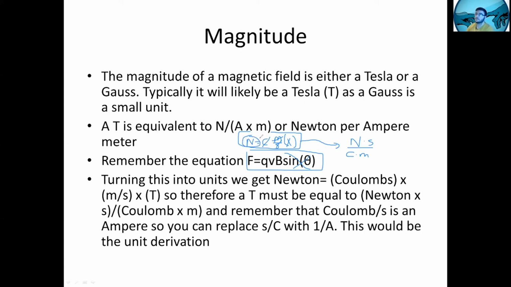And the reason I'm telling you all of this is it doesn't really have to do with magnetic field, really. But this can be useful on the MCAT, because they may give you unit questions. For example, they may give you something like this, and then they'll ask you which of these answer choices is equivalent to this, and they'll have things like amperes.